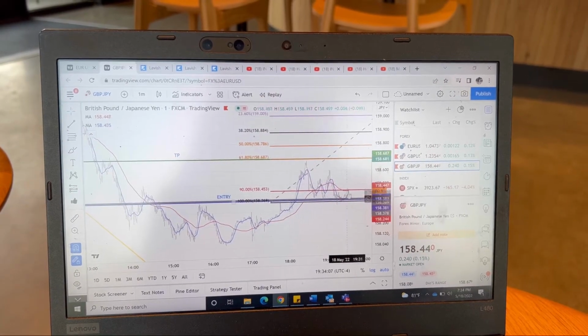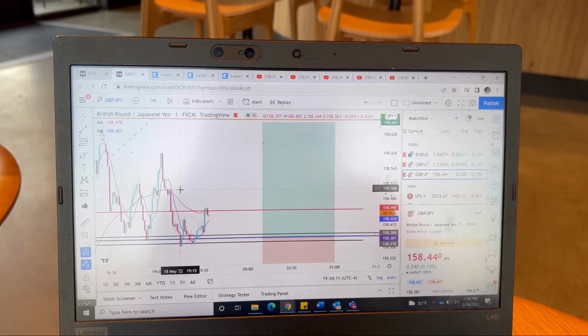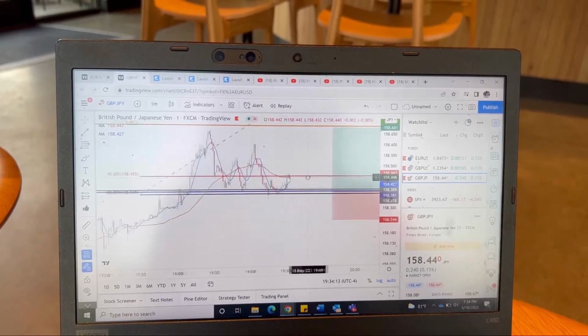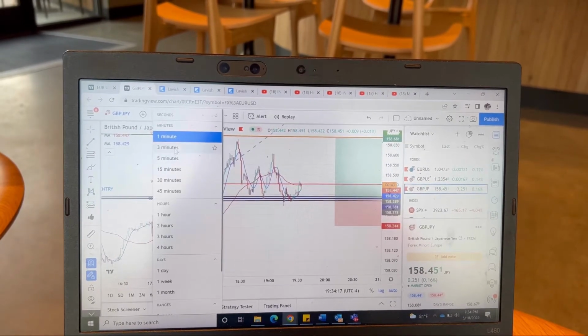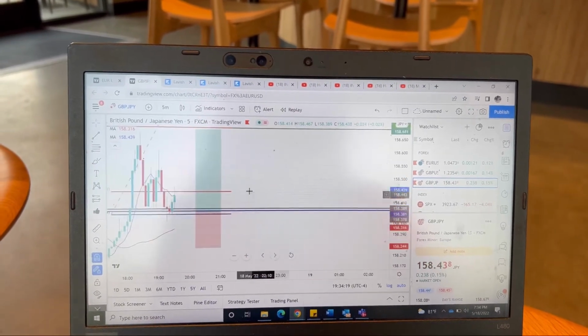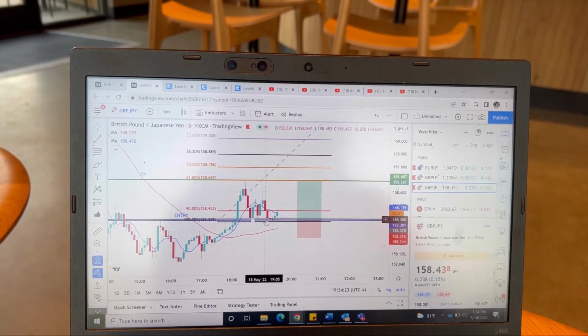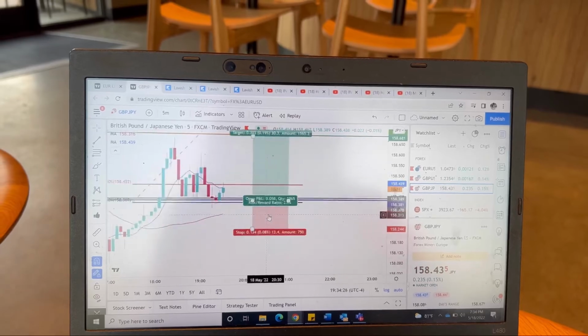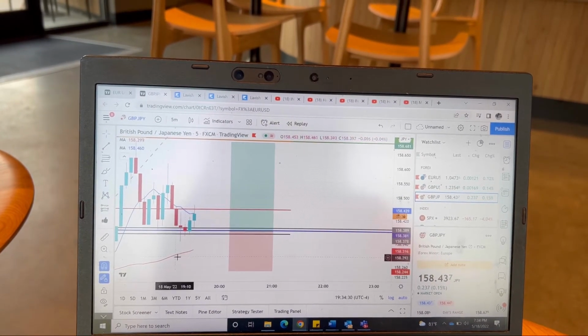We'll see if it goes and our gold zone has been rejected. So back to the 5 minute. Rejected.